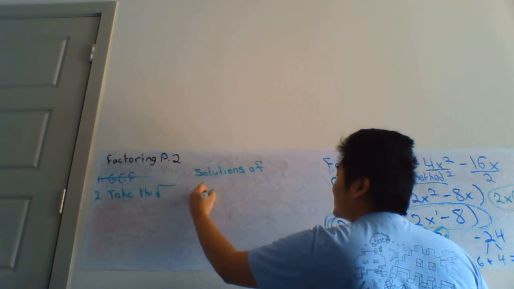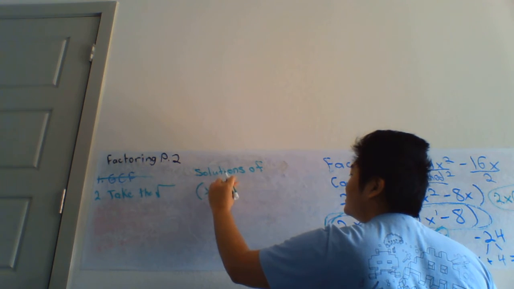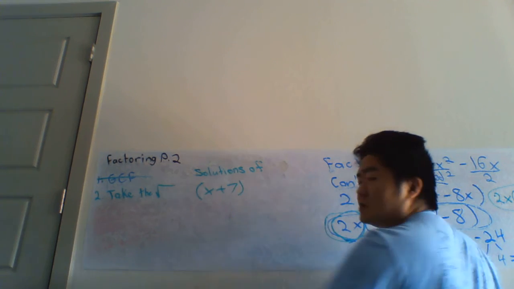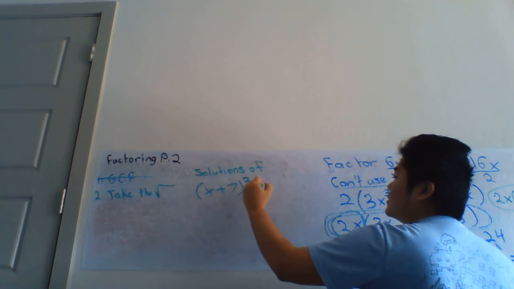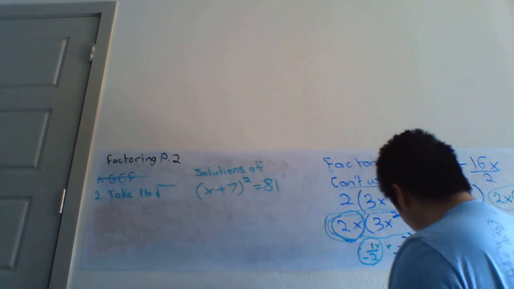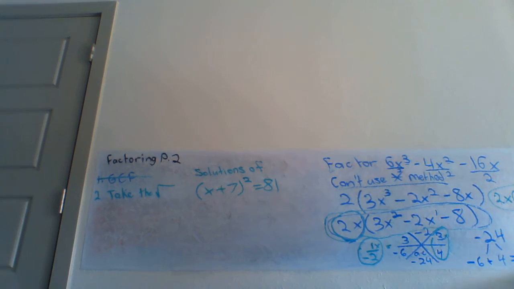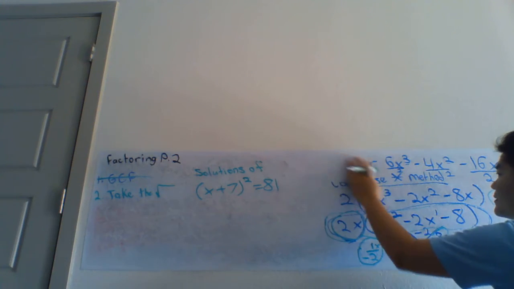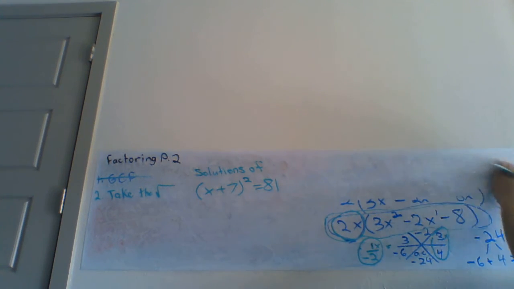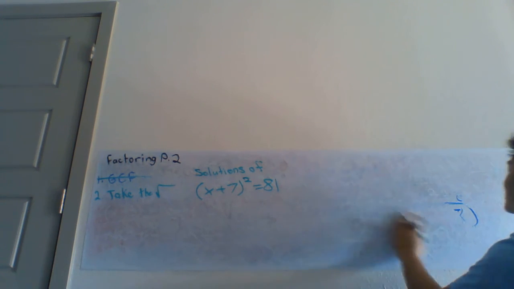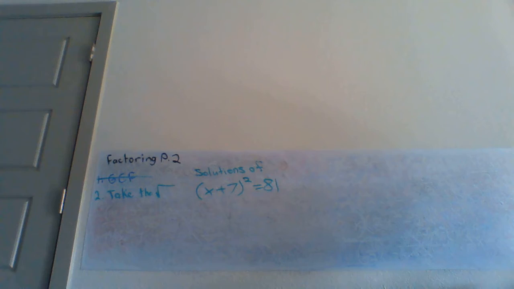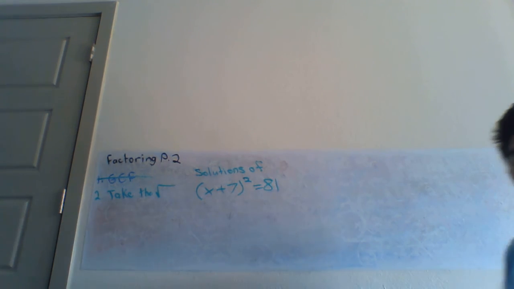of x plus 7 squared equals 81. And then I'm going to take these off now. Alright.